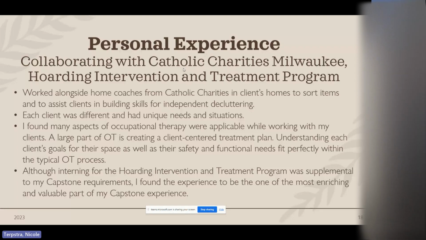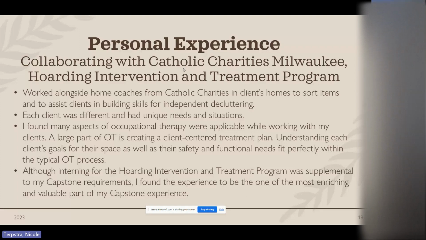I found that the values of occupational therapy aligned very well with what we were doing there, since occupational therapy looks at each individual to create a plan for improving their situation, and in this case for decluttering and learning how to manage their condition.